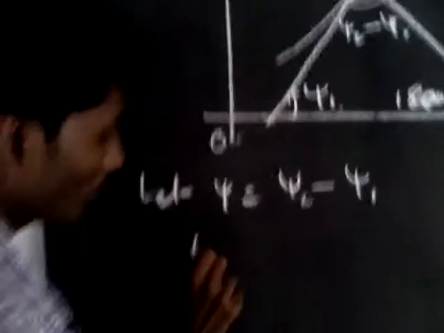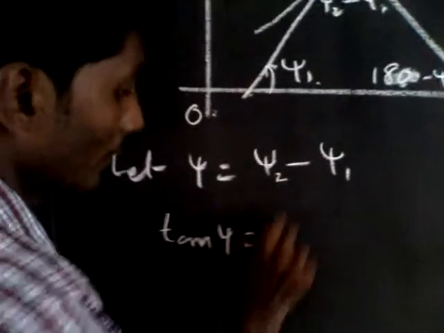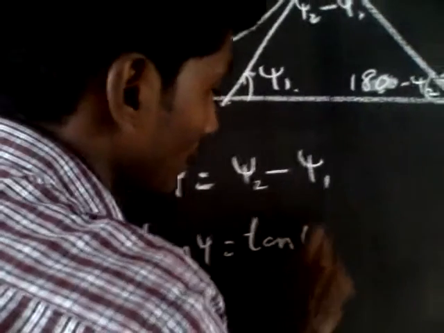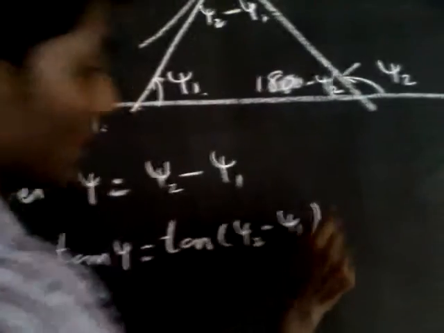Tan psi is equal to tan of psi2 minus psi1.